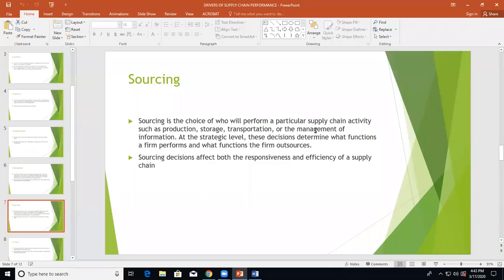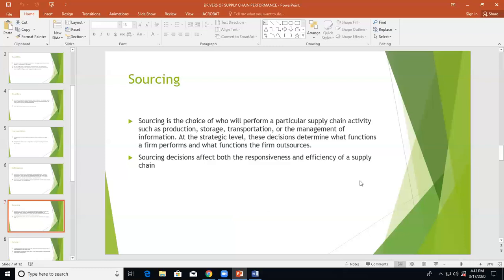These products are being acquired from another manufacturer, another company. And there are many companies whose management system is outsourced to different consultancy agencies. So these sourcing decisions are made at the strategic level. The important ones.